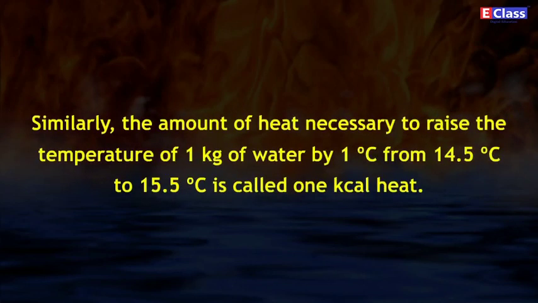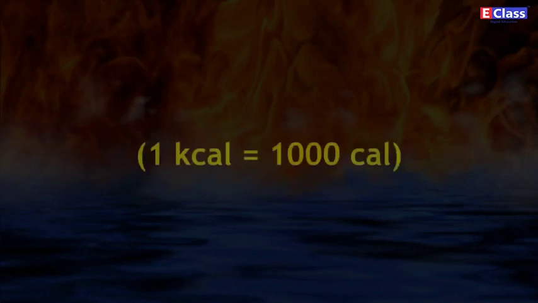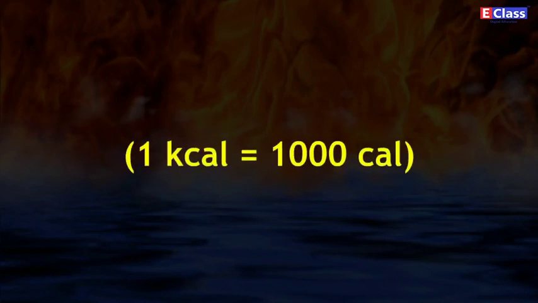Similarly, the amount of heat necessary to raise the temperature of 1 kg of water by 1 degree Celsius, from 14.5 degrees Celsius to 15.5 degrees Celsius, is called 1 kcal heat. It is clear that 1 kcal is equal to 1000 cal.